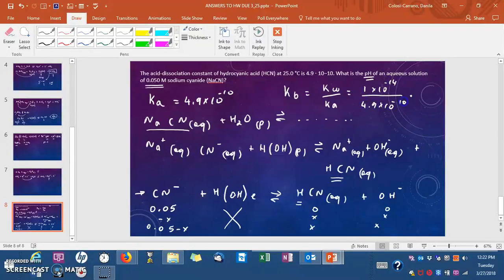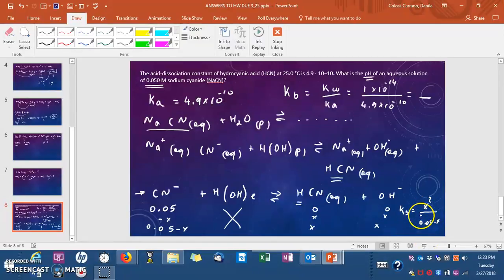And this number is, well, you solve it, because I only have 15 minutes of this video. So you solve this one, whatever number you have, it allows you to calculate. So this is the number that you have, and the Kb has to be equal to, let's write it small there, Kb is equal to x squared divided by 0.05 minus x, right?